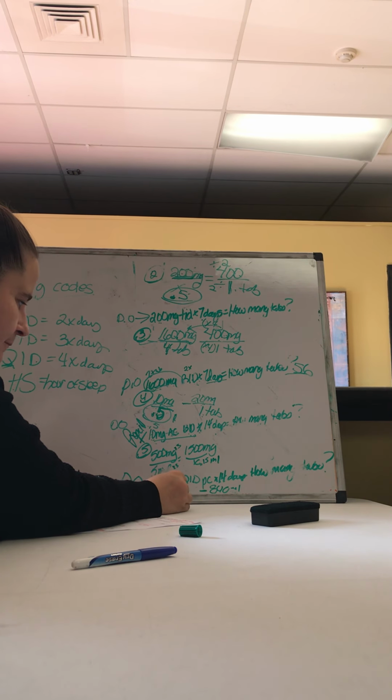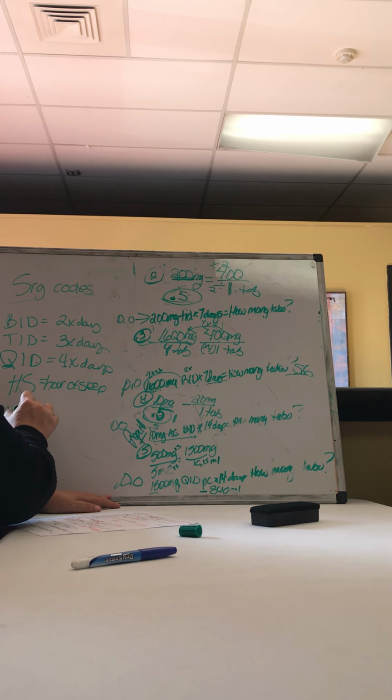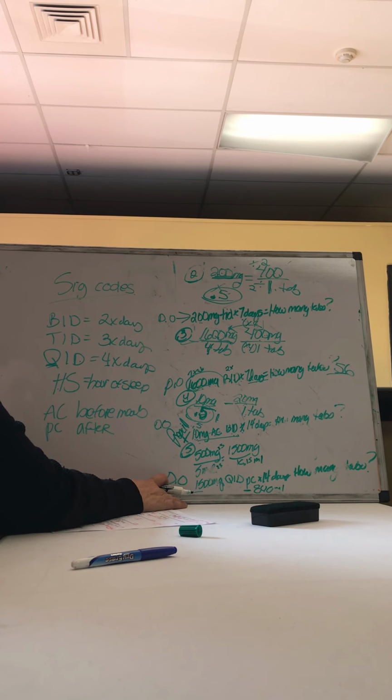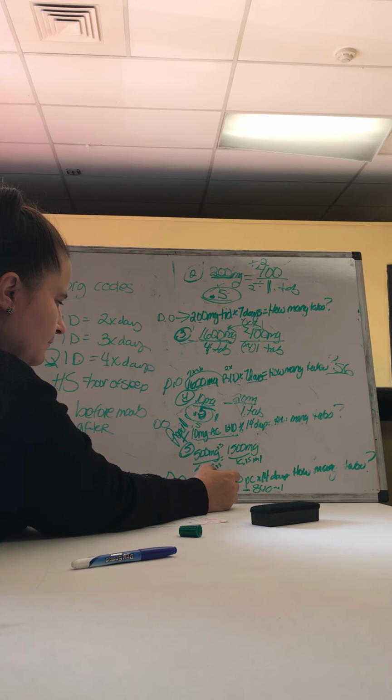So, doctor ordered 1,500 milligrams, 4 times a day, PC. What does PC stand for? If AC stands for before meals, PC stands for after, because A is before and P is after, like AM and PM. Okay? So that's what he ordered.